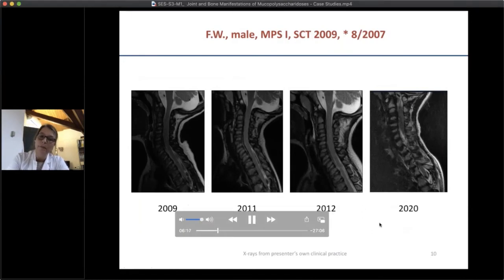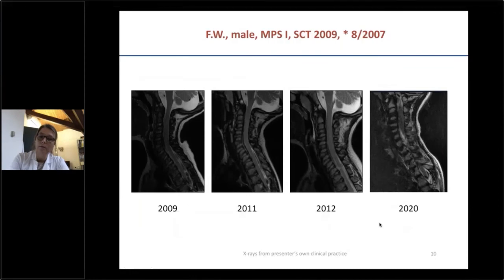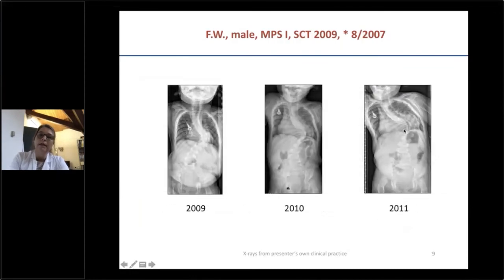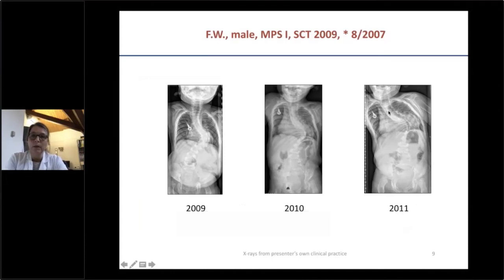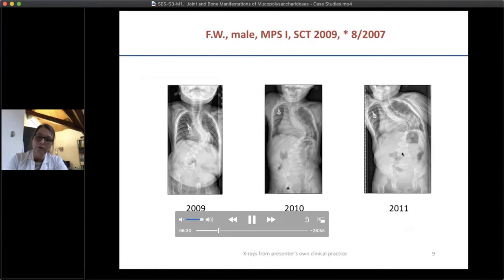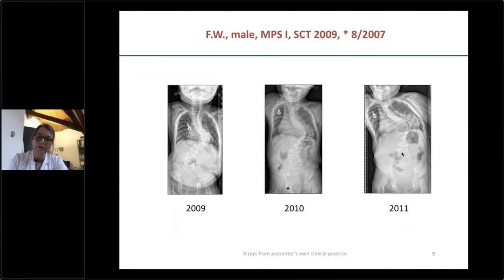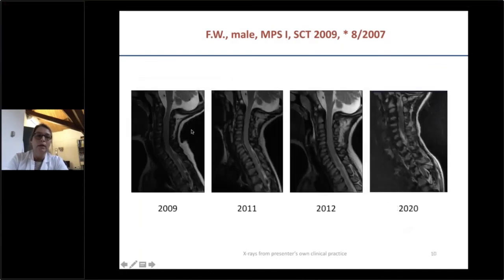Because, as you see in the former picture, if there is a progression in the lower parts of the spine, the thoracic part and the lumbar part, you have to have a close look at the upper part, which is the cervical spine as well. And what you see here is a spinal stenosis in the upper part of the cervical spine.